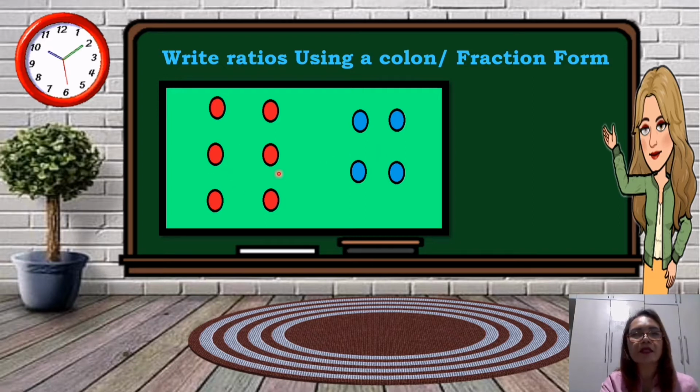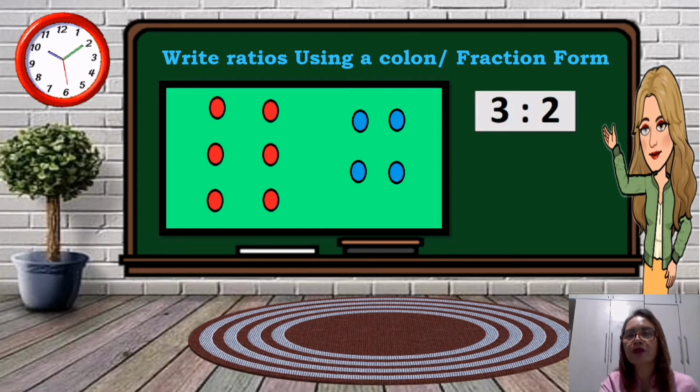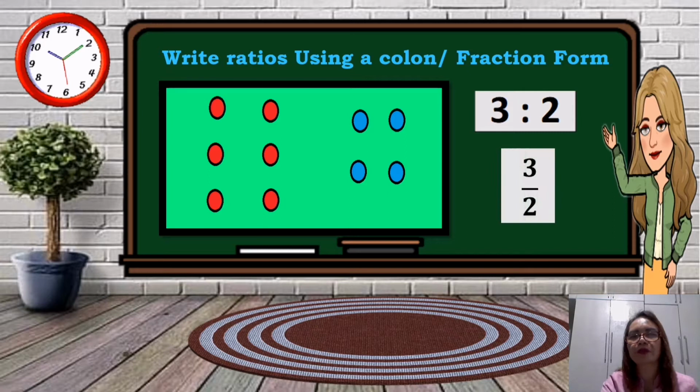But since 6 and 4 have a common factor, which is 2, we are going to simplify our answer. So, 6 divided by 2, we have 3. And then 4 divided by 2, we have 2. So, our final answer is 3:2. And in fraction form, we have 3/2. Okay?